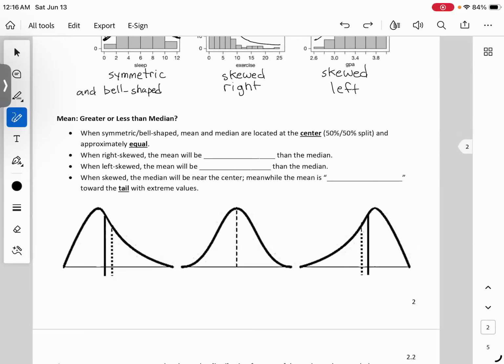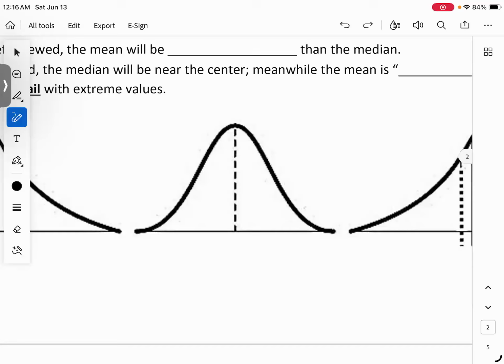And what you want to be able to do with these is sometimes they're going to say, hey, just estimate. Like, what was the mean? What was the median? Again, remember, those are the central values. The one in the middle is your general shape of something that's symmetric bell shaped.